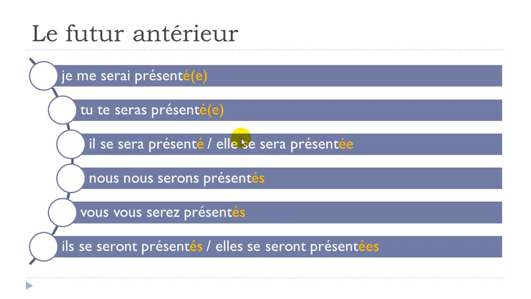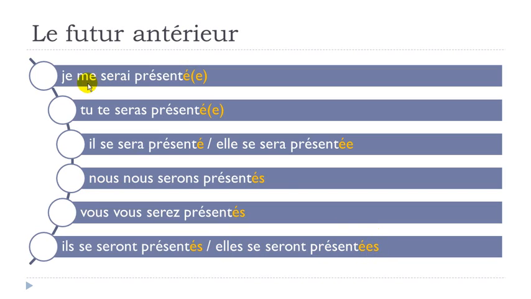So you can see that as we conjugate these verbs with être, it will respect exactly the same rules. We've got to put e as the mark of the feminine when needed, s as the mark of the plural when needed. Here we've got nous, so it's the plural, vous as well. And then for elles, it's feminine plural, so e for the feminine, s for the plural.